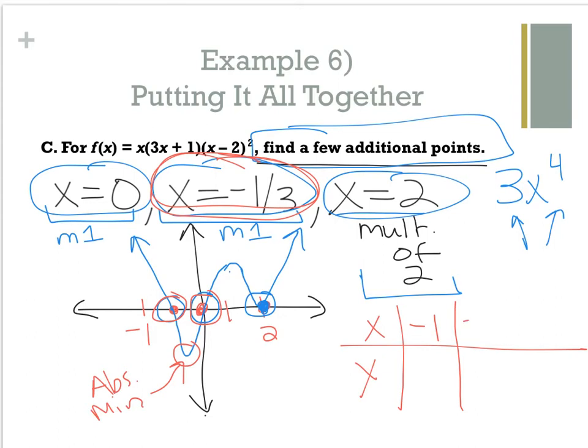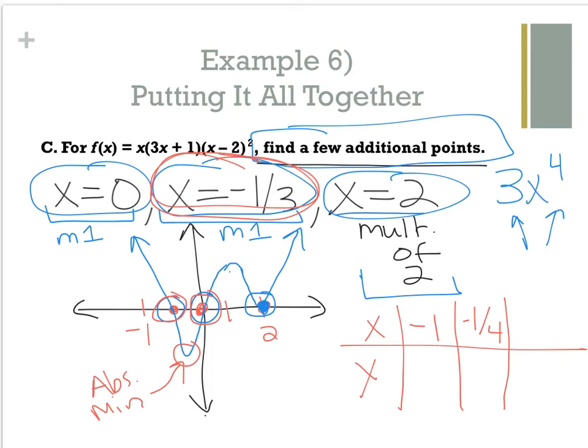I could maybe use negative 1/4 as my x value. I'm not saying that that's actually the absolute minimum, because we could graph the function and find that absolute minimum on our calculator, but I'm just saying it's wise for us to have a point in between negative 1/3 and 0. So I chose negative 1/4.